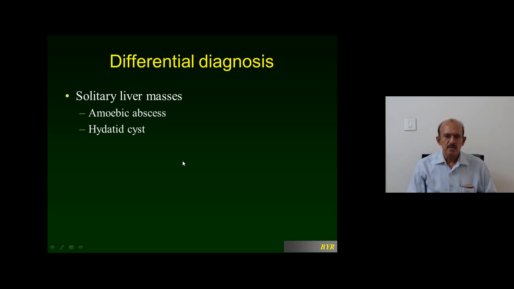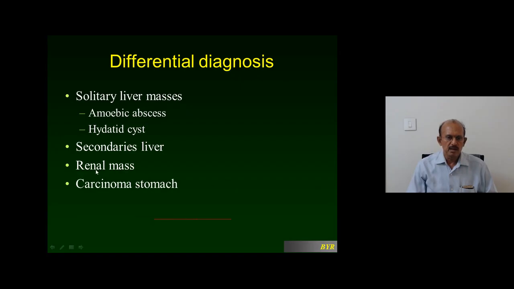Hydatid cyst, because it has fluid, should usually be soft in consistency. But hydatid cyst will not be soft because the fluid is under tension. Any cyst with fluid under tension feels like a solid mass. Then secondary in the liver, renal mass, carcinoma stomach.